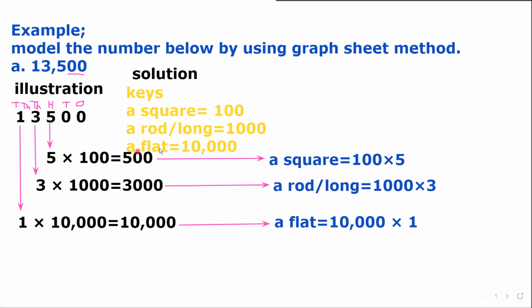That material is called what? A flat. A flat is equal to 10,000, okay? And we have only 10,000, which means that you draw only one flat, because one flat stands for 10,000. So when you draw one flat, that ends it, okay? Good.